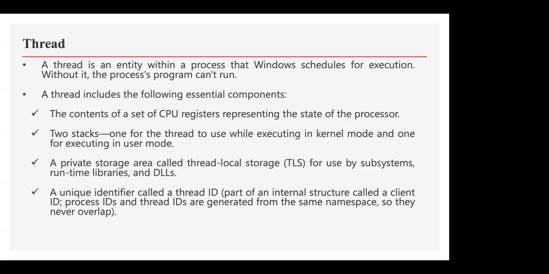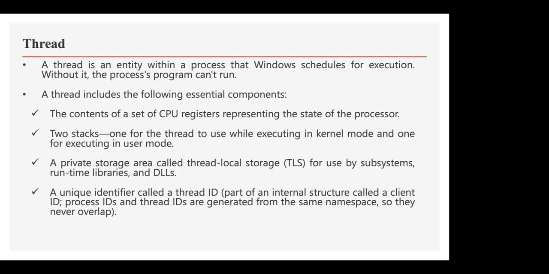The thread will also have a private storage area, which is called thread local storage, for use by subsystems, runtime libraries, and DLLs. A thread will also have a unique identifier called the thread ID, which is normally used to identify each thread.